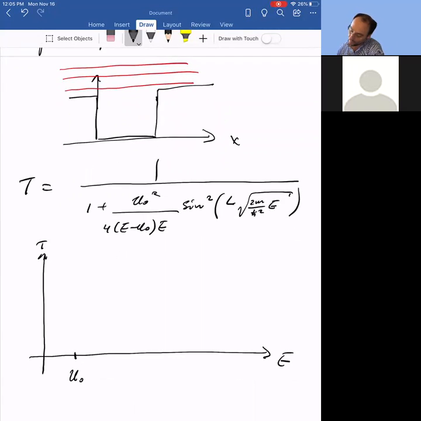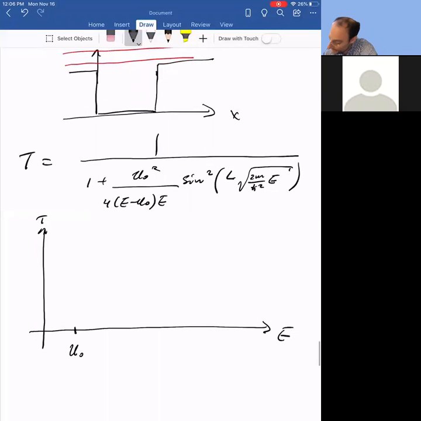We already discussed bound states. So it starts at E equals U naught. And it will have this kind of a shape. Let me see if you can see this. So this is 1. Transmission coefficient cannot be bigger than 1. So this is the asymptote. Now the amazing thing is it will have oscillations here.